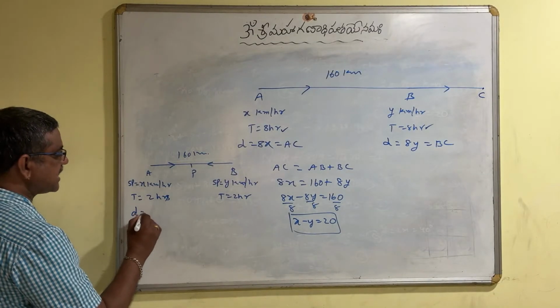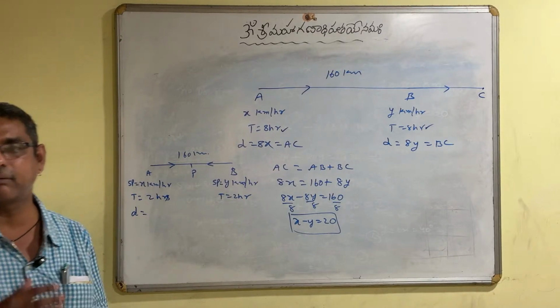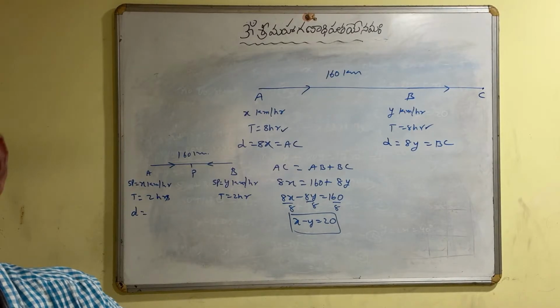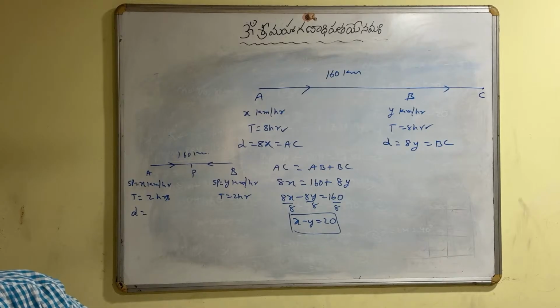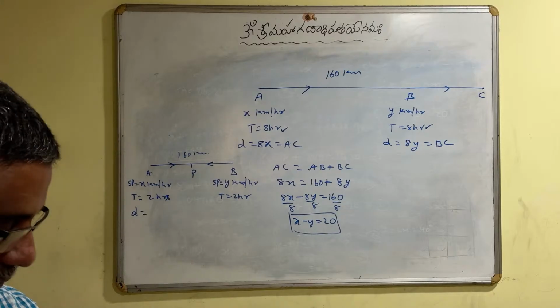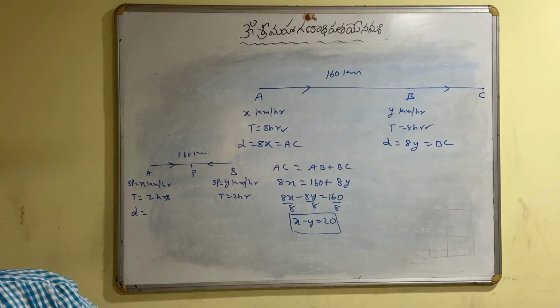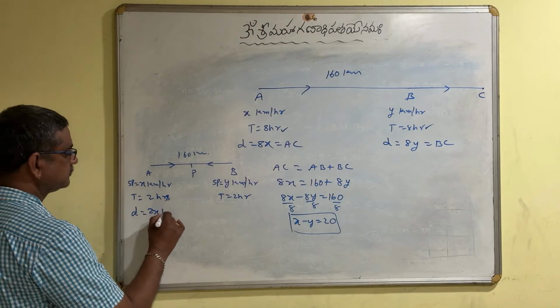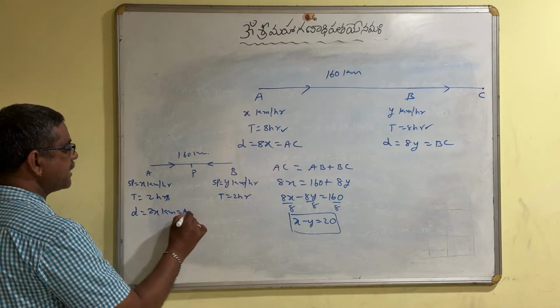Now, what is the distance traveled by the car starting from A? 2x kilometers.